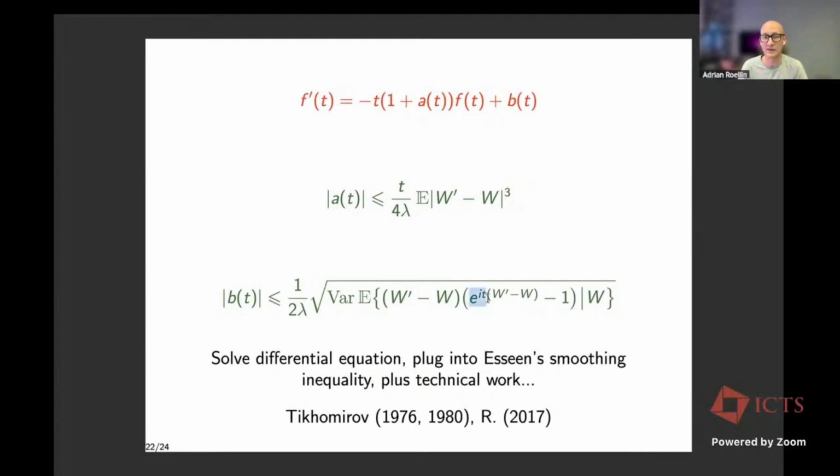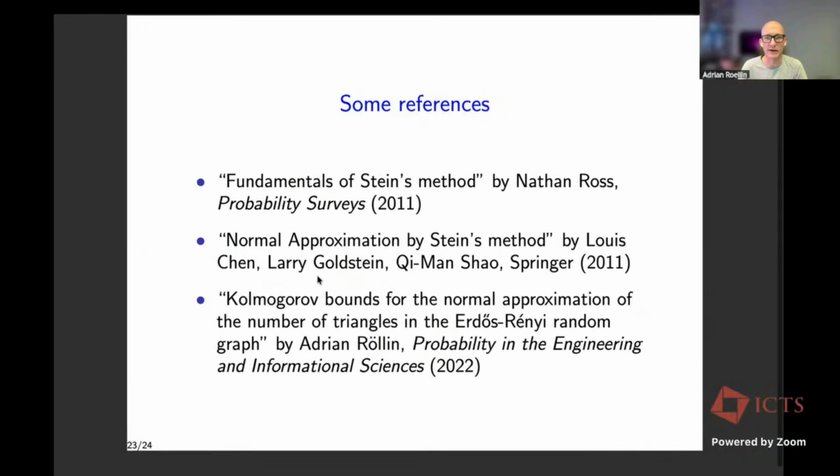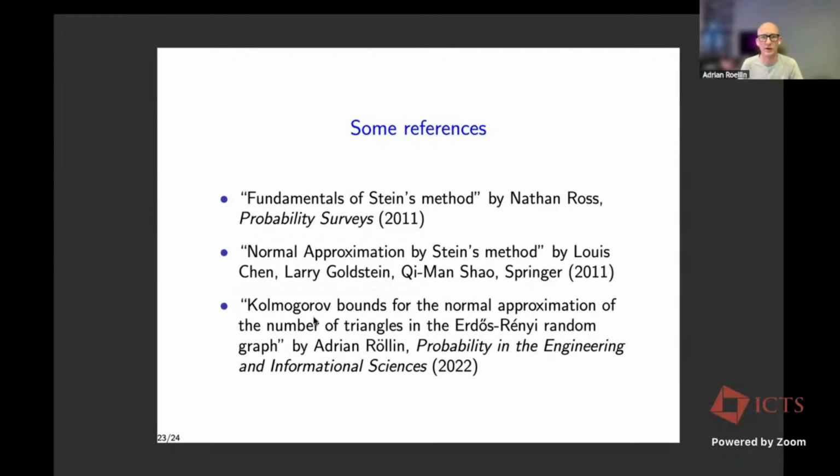Of course, if you do this with characteristic functions, you end up with less nice quantities that involve the complex exponential function. If you do the actual Stein's method, these become much cleaner. There's also a now standard book by Chen, Goldstein, and Shao called Normal Approximation by Stein's Method. And the theorem I just told you about is from a paper that I wrote a few years ago to get Kolmogorov bounds for triangles.